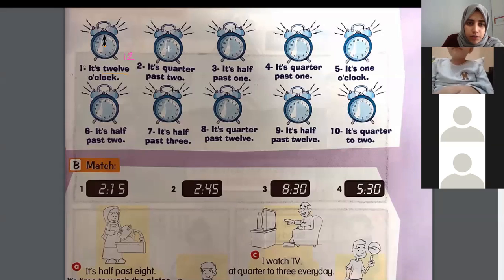I can barely hear you. So the long hand needs to be at 3. Do you have a question, Bushra?